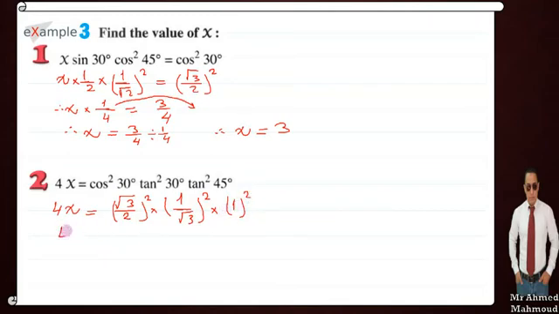Then for x equals 1 over 4, I will send 4 there as a divide. Therefore x equals 1 over 4 divided by 4. Therefore x equals 1 over 16.